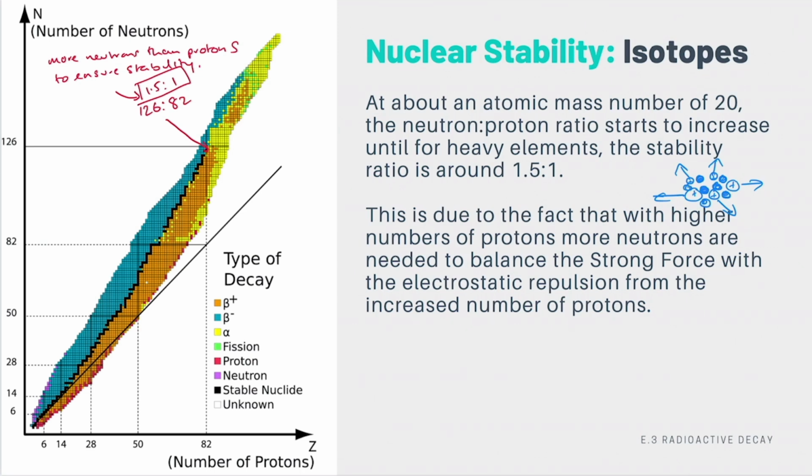So as we increase the proton number of a nucleus, we need more neutrons to balance the strong force with the electrostatic repulsion from the increased number of protons. That's why, as you increase the proton number, the ratio for stability increases as well.